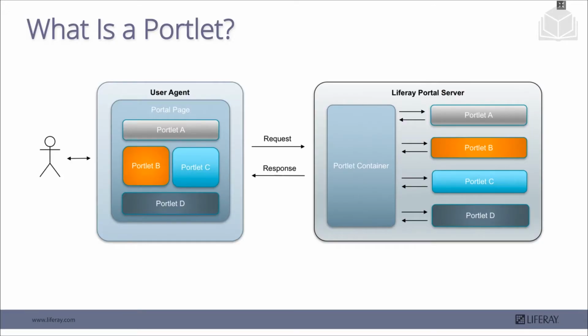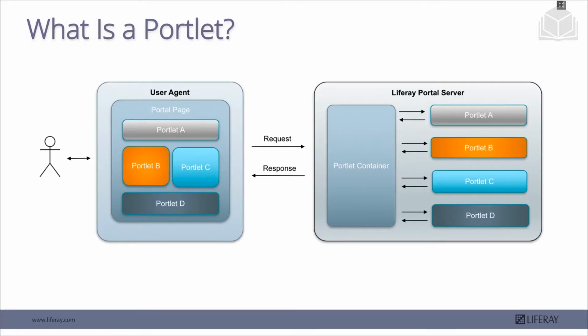And then portlet B will process and send a response back to the portlet container, and it goes back up the chain to where the response is displayed to our end user on the page. And that can rinse and repeat for each one of our other portlets as well.